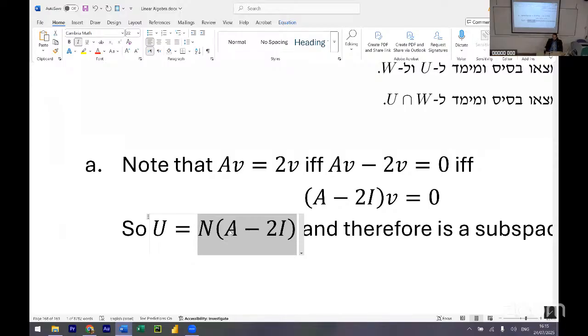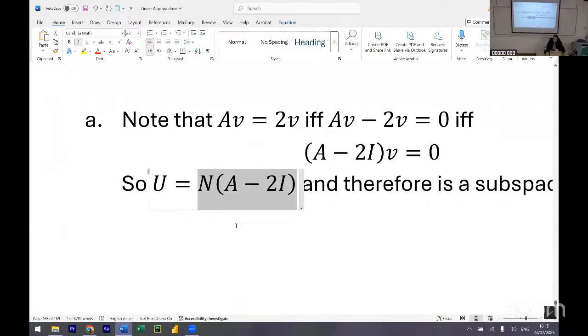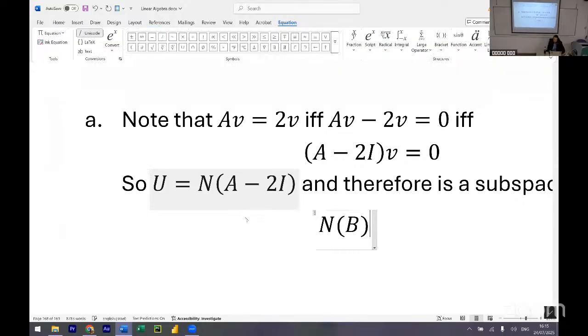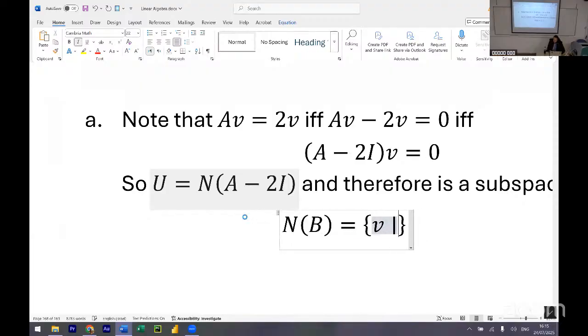No, my question was where does the vector go in this case? The vector when you go from A minus 2I times V. Correct me if I didn't understand you correctly, but the definition of the null space of B is 0. No, the definition is all the vectors such that BV is 0.